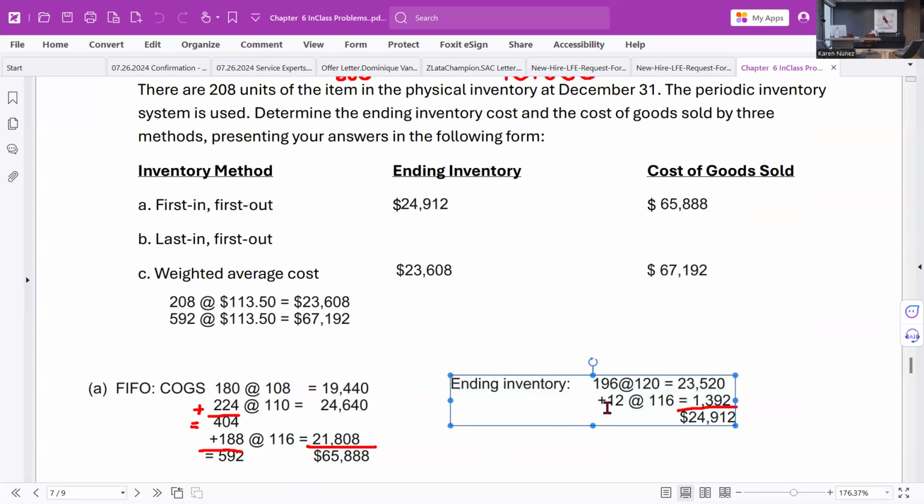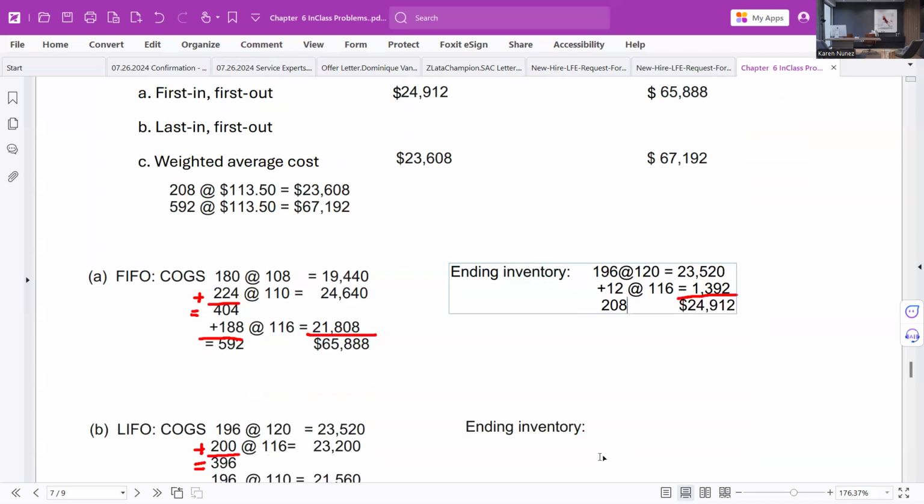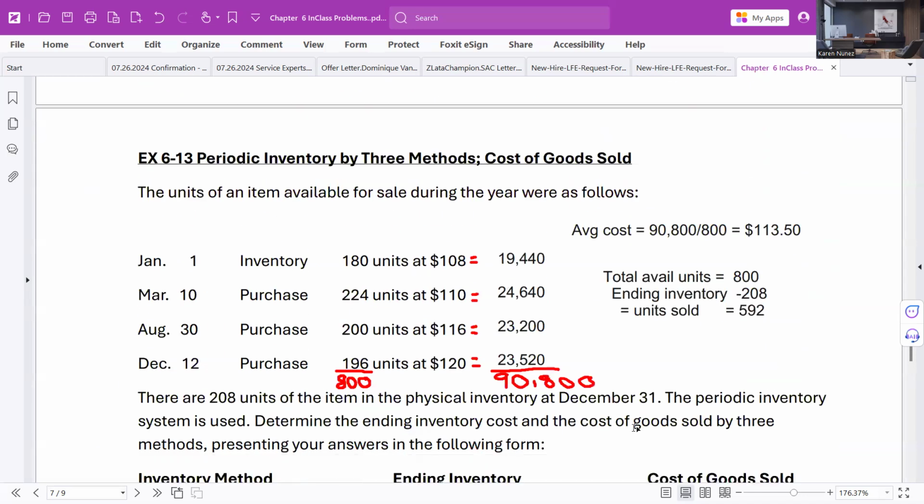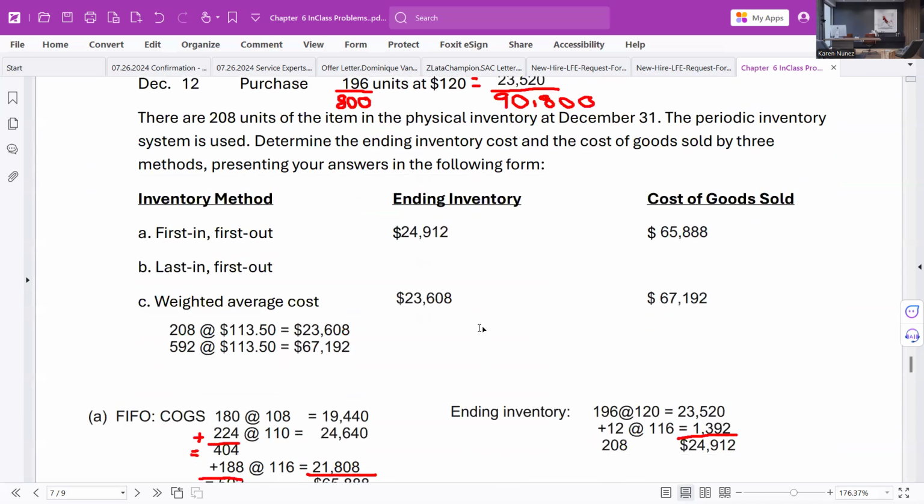We need to determine the cost of the 208 units. LIFO is last in, first out, so the first ones are going to be in that ending inventory. What are the first ones? They're 180 at 108, and then the next layer will be at 110.